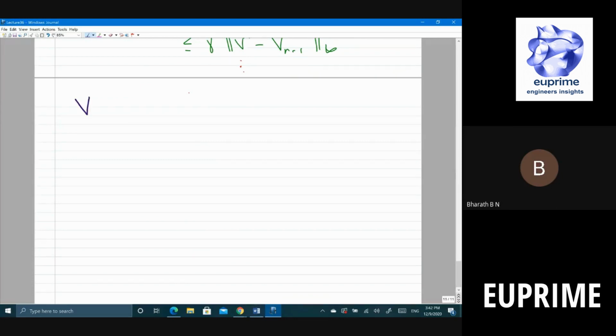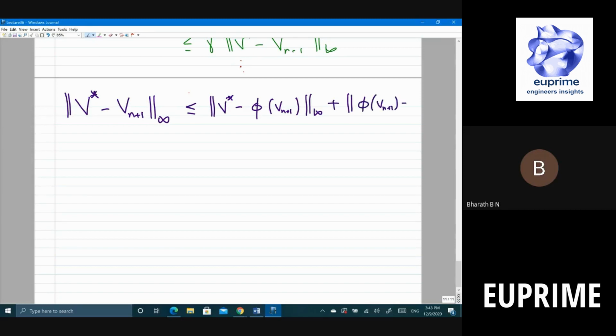So for example, V star minus Vn plus 1, again, we'll look at the infinity norm. So I can write this as phi of V star minus phi of Vn plus 1 in infinity norm, plus phi of Vn plus 1 minus Vn plus 1.